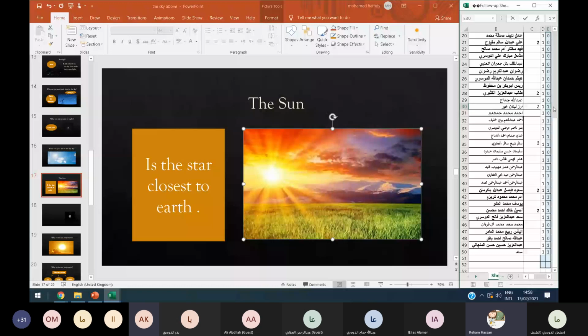The stars can make their own light. Yes, excellent. Again, tell me, Arz. The stars can make their own light. Yes, it's amazing. Thanks a lot, Arz. So the sun is a star, not a planet. It's the star closest to the Earth.